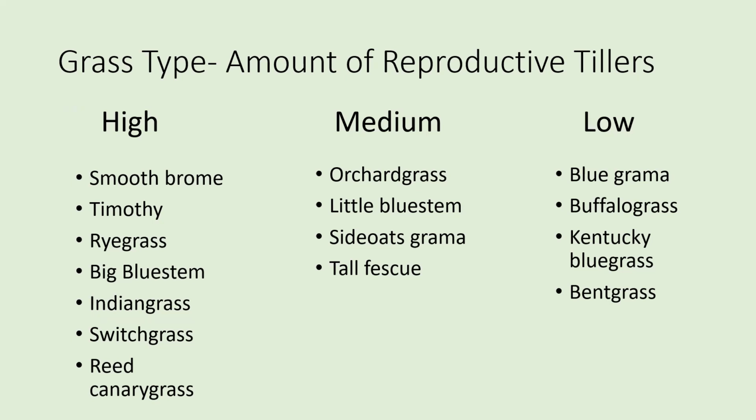The important thing to look at is the low end, because plants that produce a low amount of reproductive tillers are going to produce more vegetative tillers. So if you look at the blue grama, buffalo grass, and Kentucky bluegrass, those are really common to use as a turf type grass. They stay looking kind of nice. You can walk on them depending on the variety as well. They're just not going to produce as many stemmy tillers with seed heads on them.